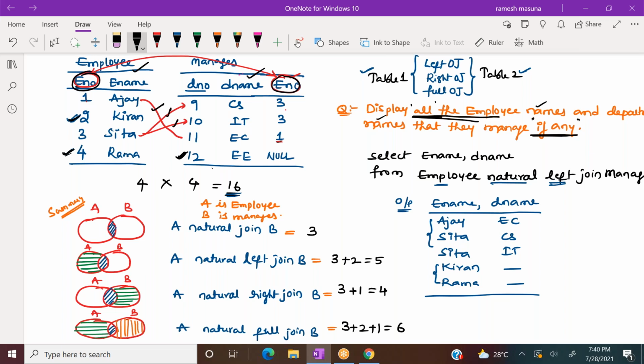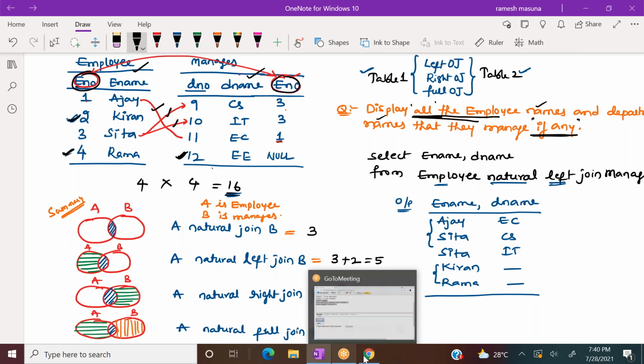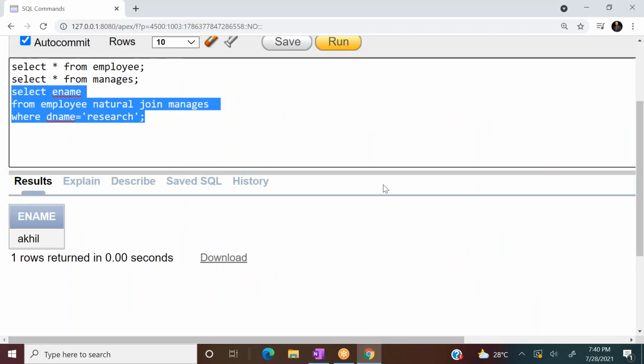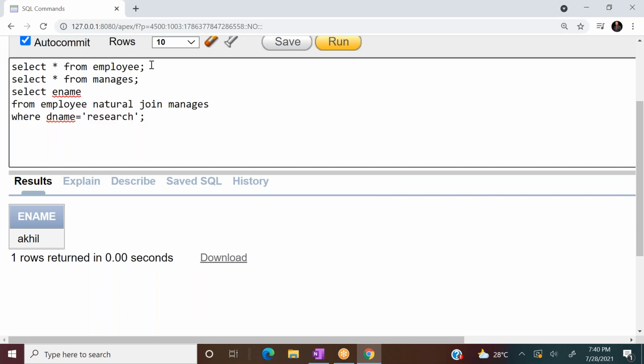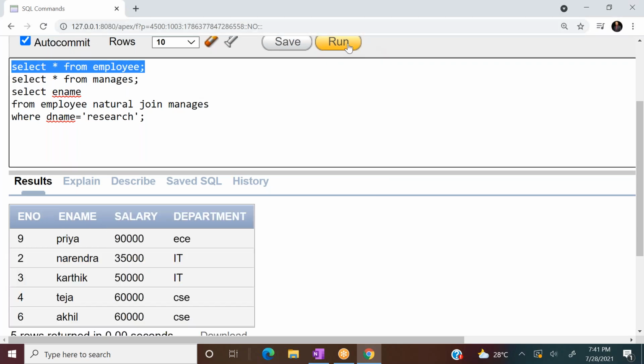Chalo. Now we will see how to write queries on outer joins. See, here I'll be taking a similar kind of example with two tables, employee and managers. This is the employee table, having 6 records: Priya, Narendra, Karthik, Teja, Akhil.